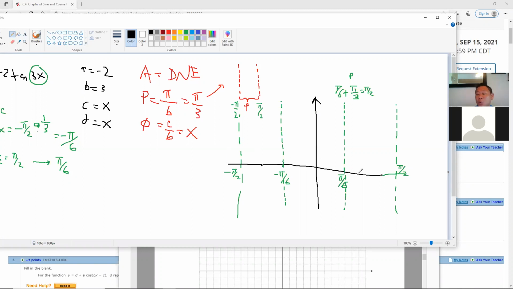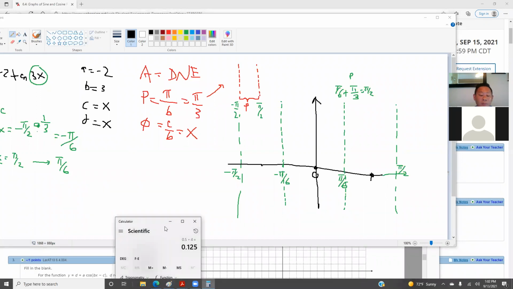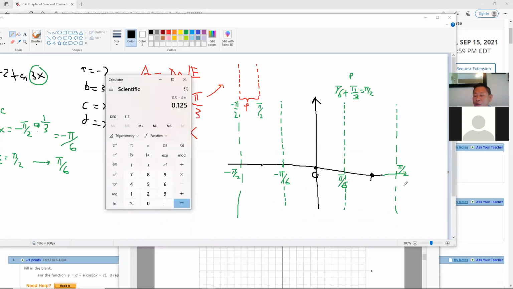Then right in between your asymptotes, you will have 0. So right in between here, it will be at 0. How do we figure this one out? You just find the average. What is 1/6 plus 1/2 divided by 2? We just do the average, the middle point. 1/6 is a bunch of decimals, plus 1/2, which is 0.5, divided by 2.